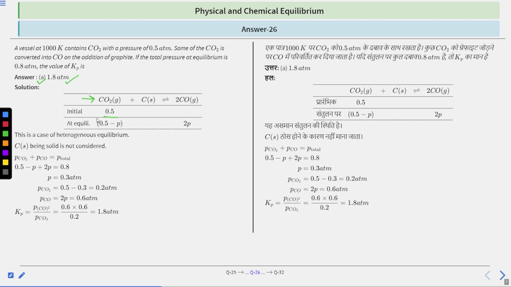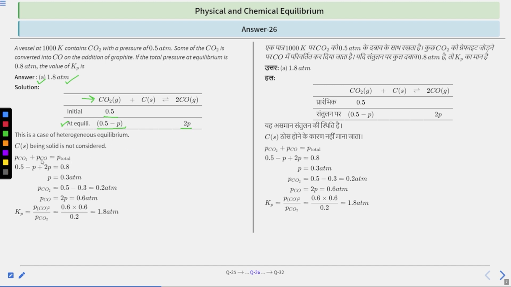At equilibrium, the CO2 pressure will become 0.5 minus P, and the CO pressure will become 2P, because 2 moles of CO are present. Now you can see that this is a case of heterogeneous equilibrium, as the phases of the reactants and products are different. So the carbon, being solid, is not considered in this pressure equation.